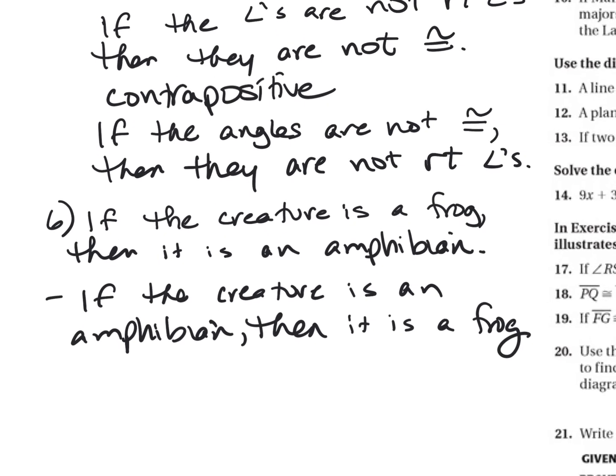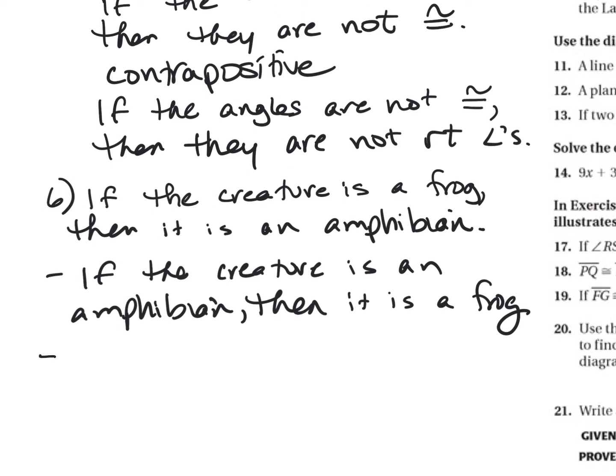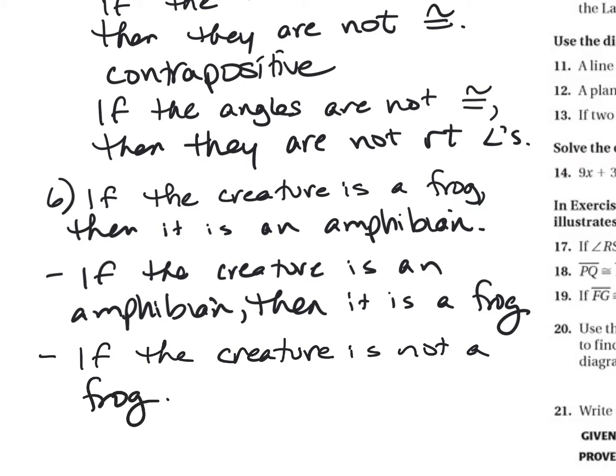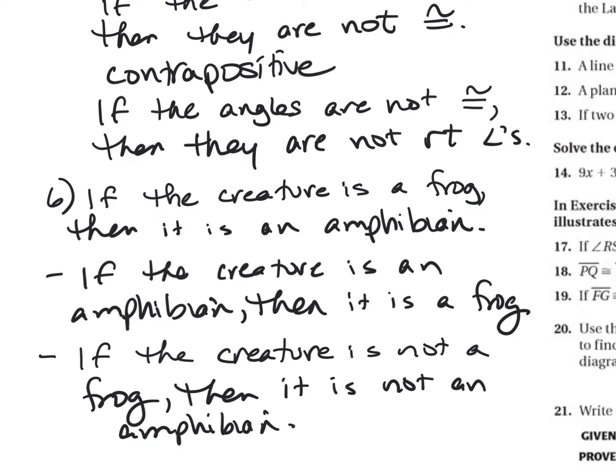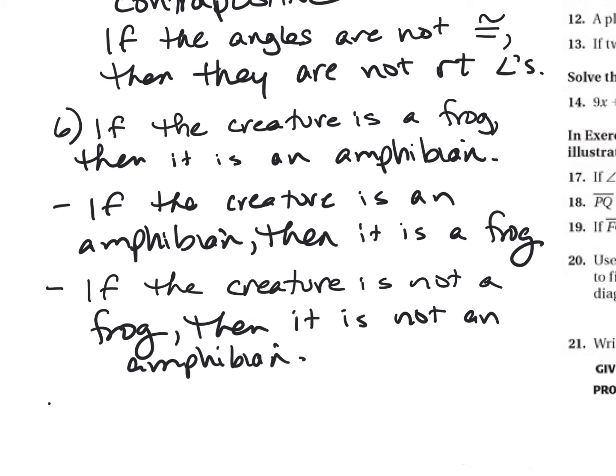The inverse, we're going to negate the original. So if the creature is not a frog, then it is not an amphibian. And lastly, the contrapositive, I flip and negate.